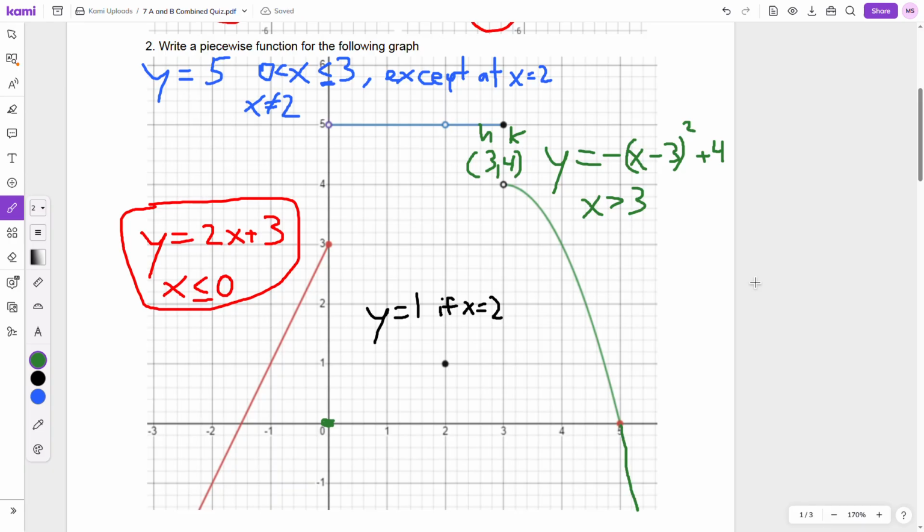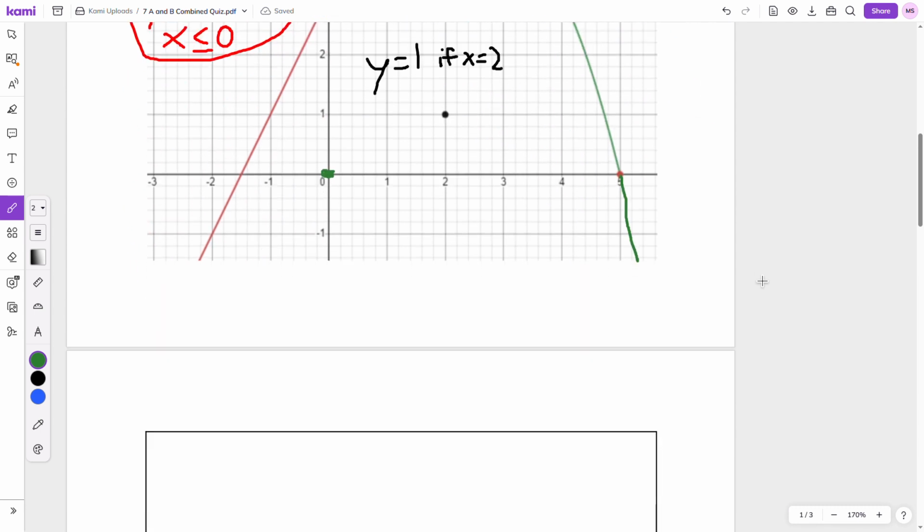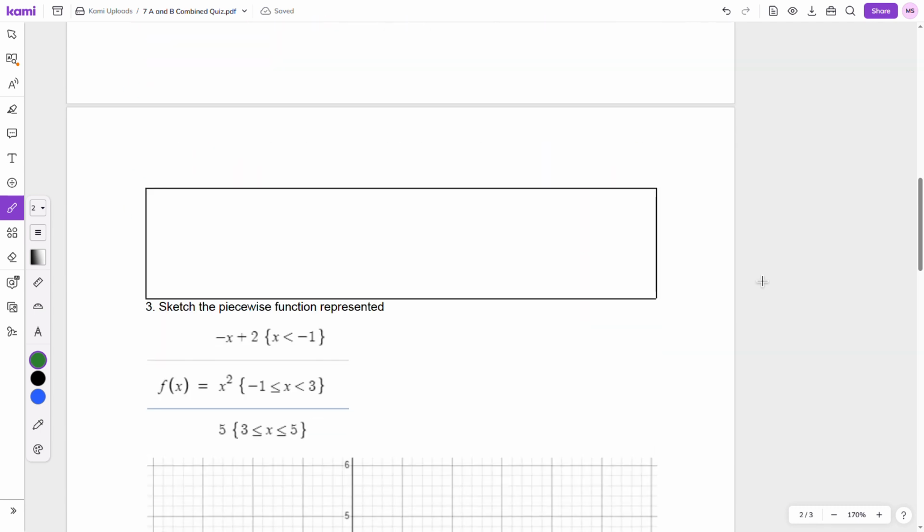And now, my friends, we have all 4 pieces of the function. And they're nicely color-coded. And they gave us a nice little block down here. But basically, it should read kind of like the next problem.